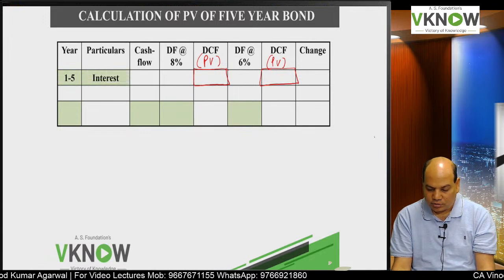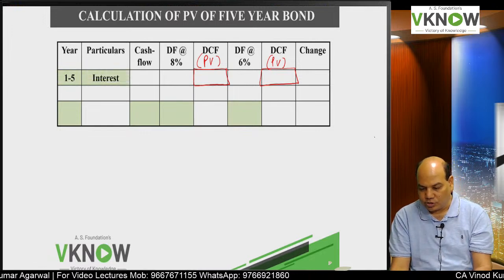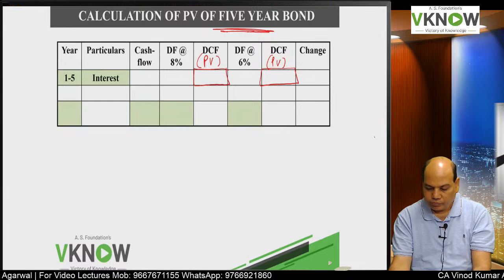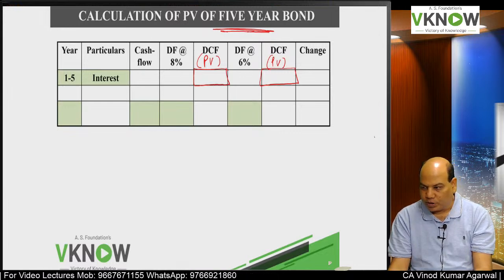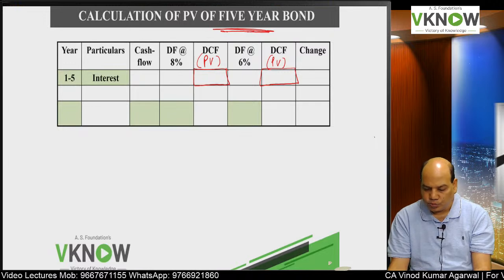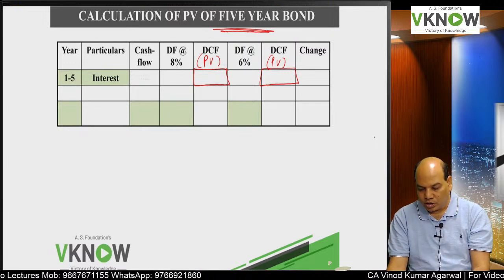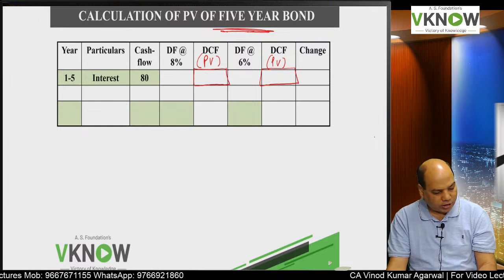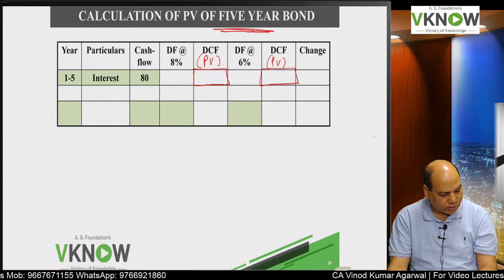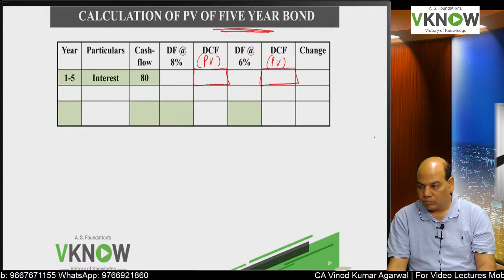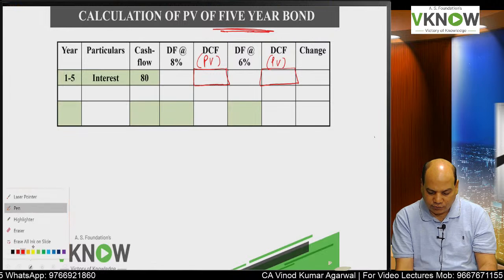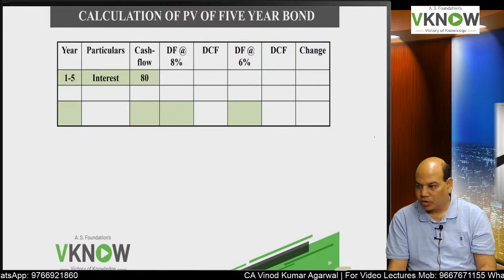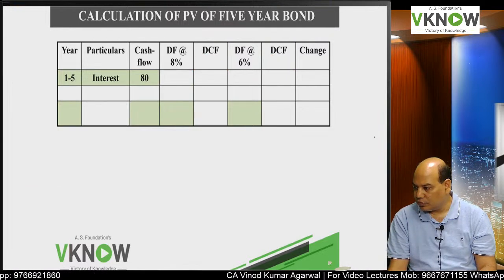So please write down, it's a 5-year bond. The first question is the 5-year bond. Year 1-5, coupon, interest, write down either. How much will that be? 8% of 1000, 80 rupees. Calculate the annuity factor at 8% for 5 years.